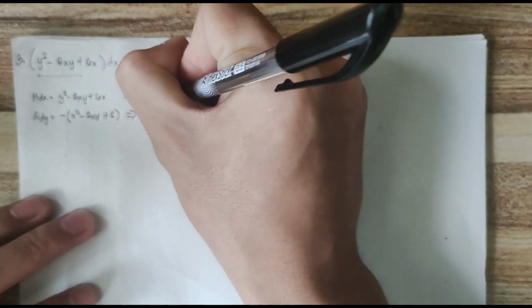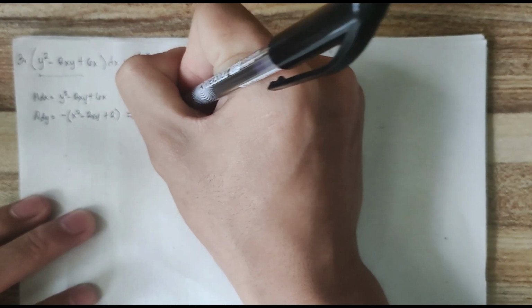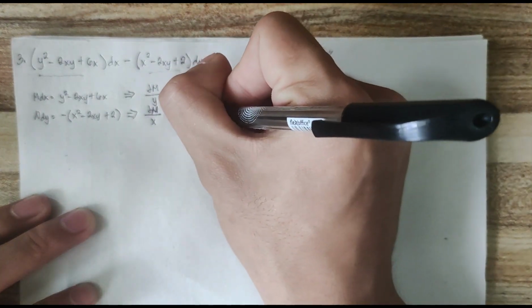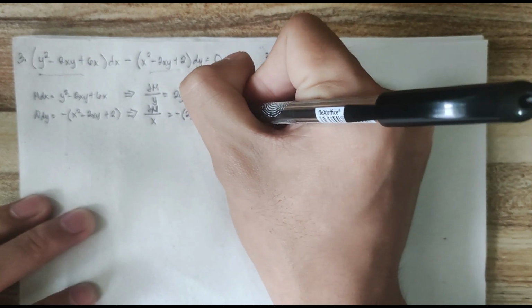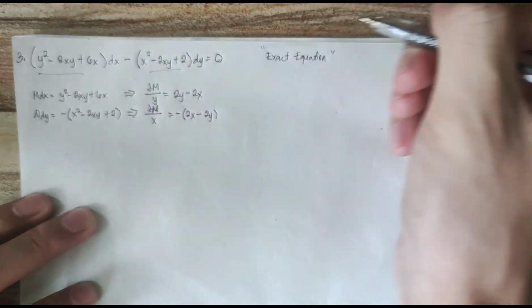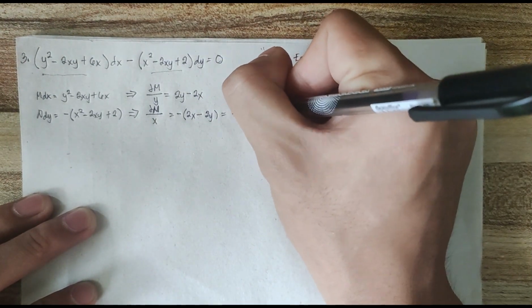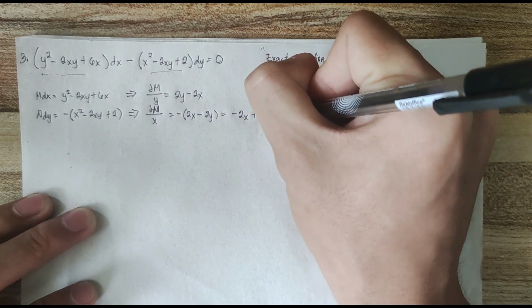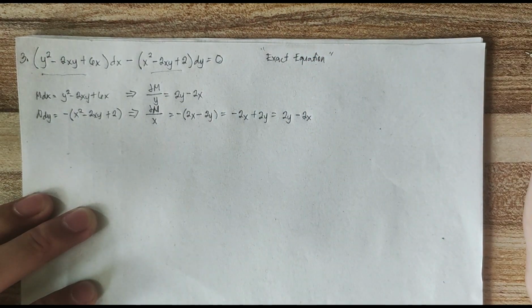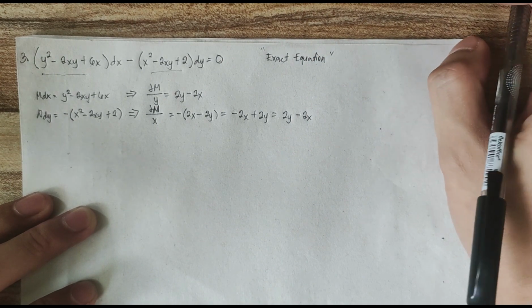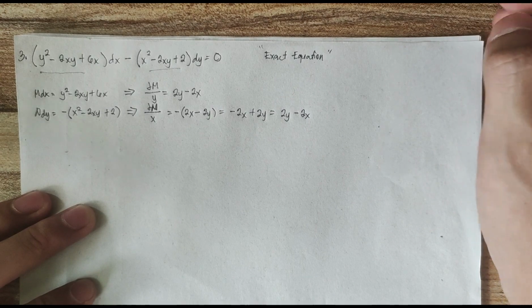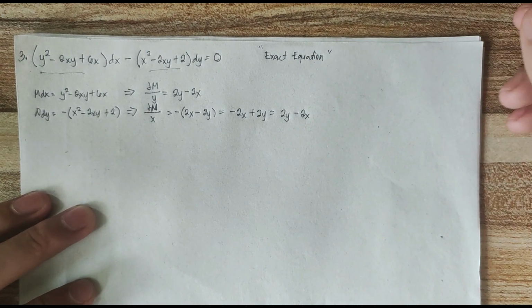And for the partial derivative of N with respect to x, we have negative 2x minus 2y, or we can rewrite this one as negative 2x plus 2y, or 2y minus 2x. Since the partial derivative of M in terms of y and the partial derivative of N in terms of x have the same value, therefore we can use the exact equation technique.